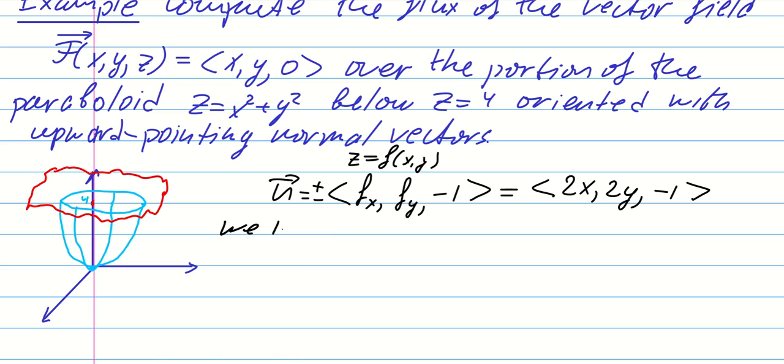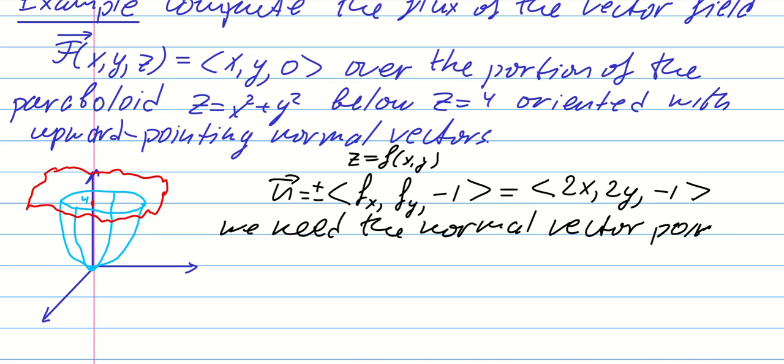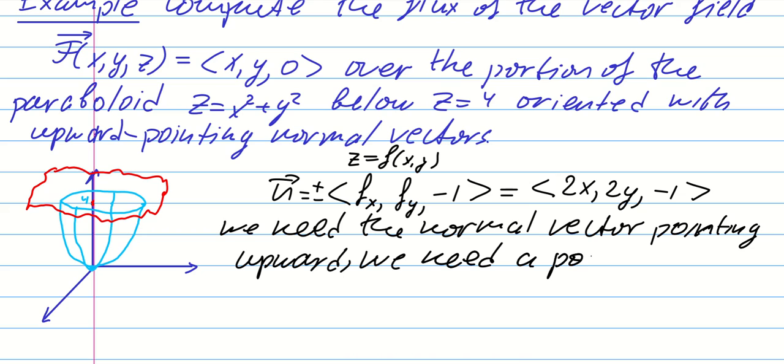And in our problem, we need the normal vector pointing upward. That means we need a positive z component.